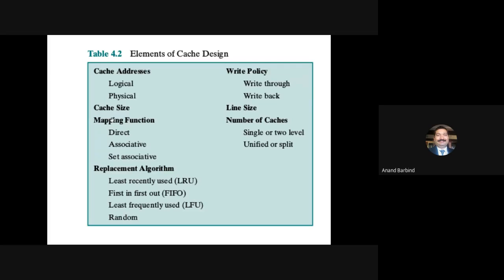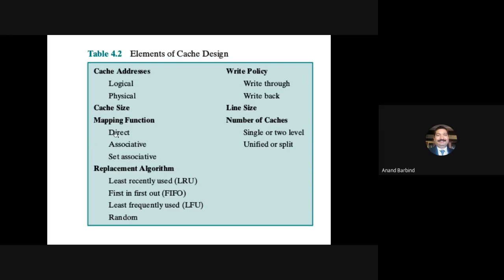What is the mapping function that is used? That is, whenever a block is transferred from the main memory to the cache memory, how are blocks from the main memory mapped to the cache memory?